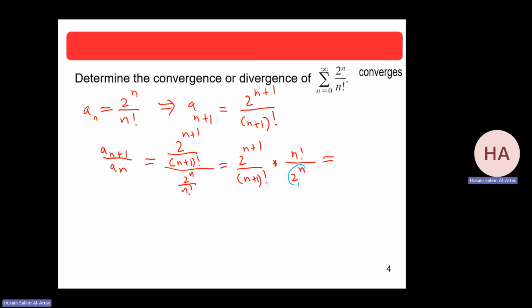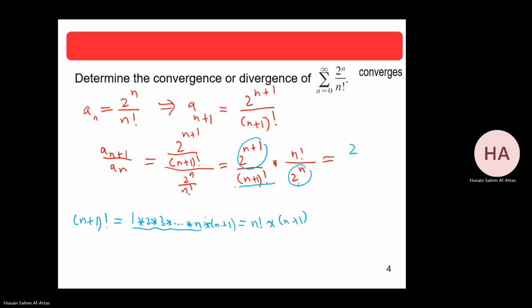You notice this with this, you're getting 2. This one is n plus 1 factorial, which is n factorial times n plus 1.